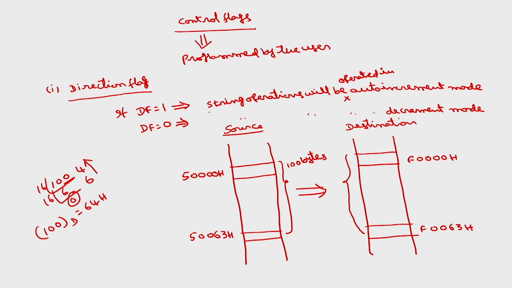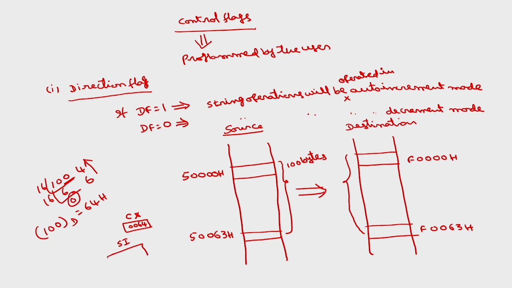There will be a counter register. Normally CX acts as the counter register, in which you load the number of bytes to be transferred, so 0064. The starting address you have to represent in the source index.